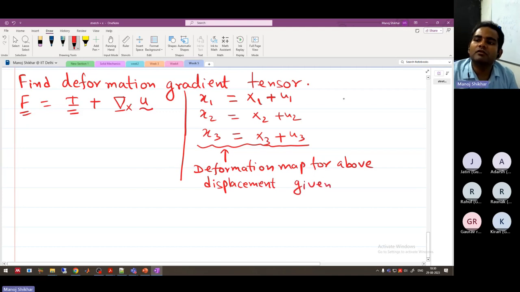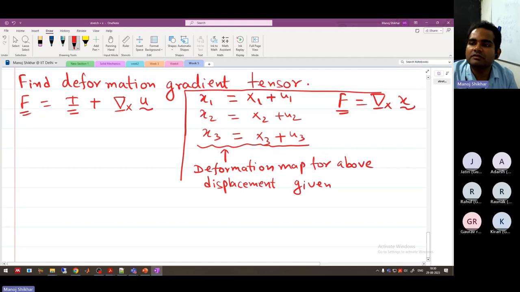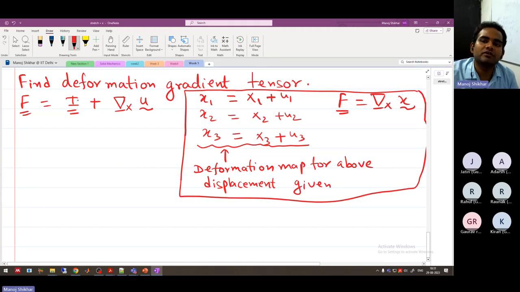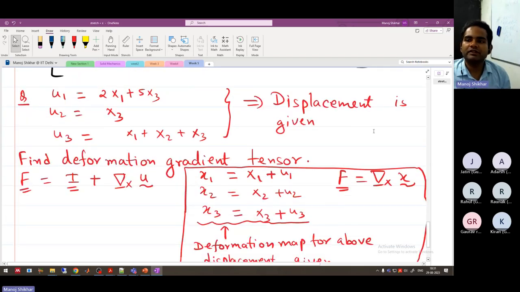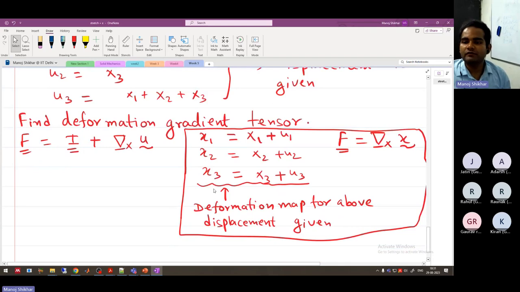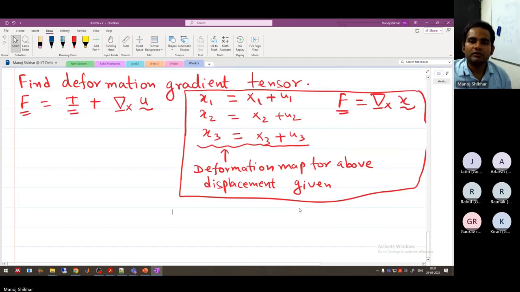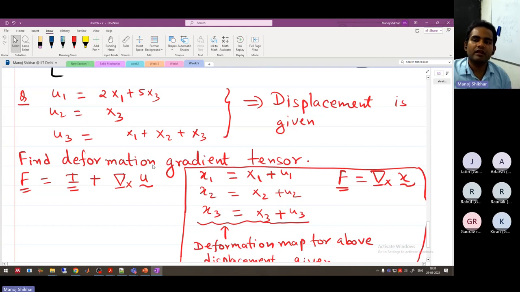And from here also you can find F equal to gradient of small x. There is no harm in that. This may take slightly more time, because you already know the differentiation of x1, x2, x3 will be I. So if I tell you to find the deformation map and I have given you the displacement, this is the way to find it. Now let's move on to our original problem where we have to find deformation gradient tensors.